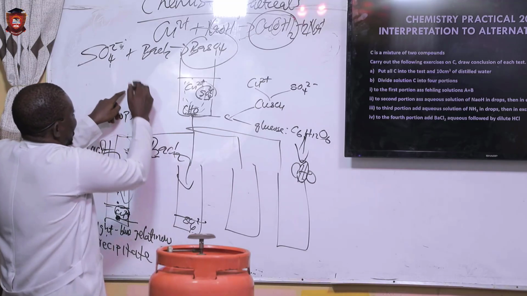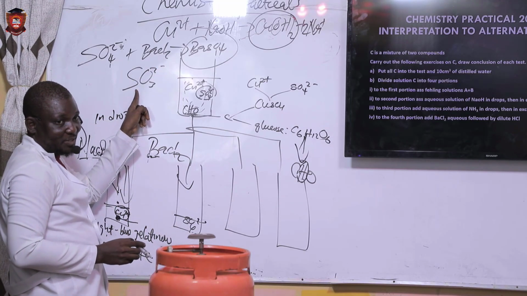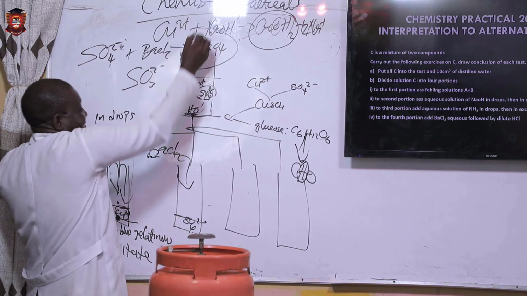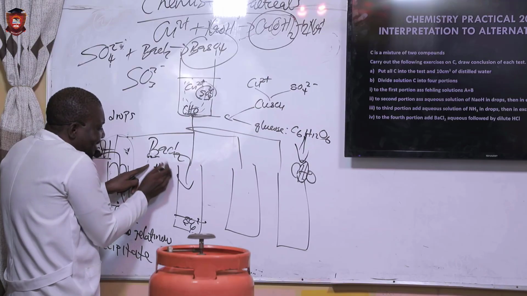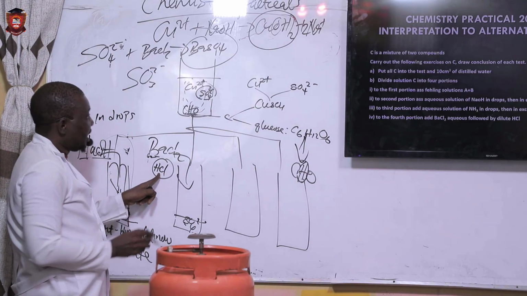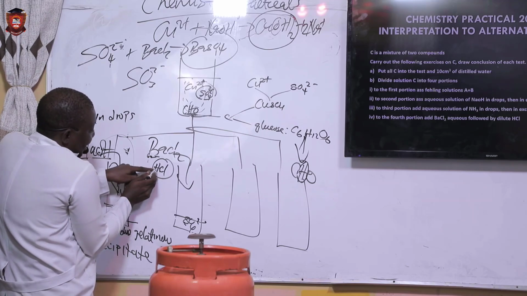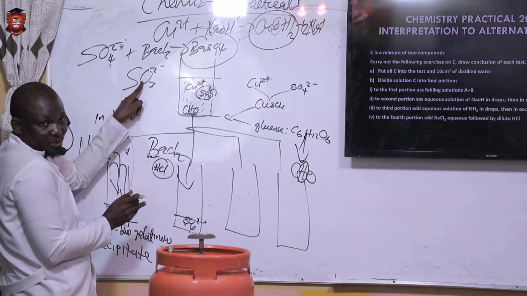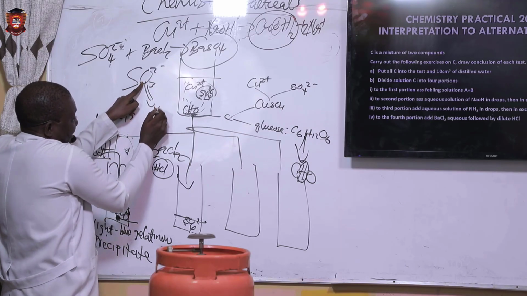Are you with me now? But sometimes SO3 also will give you a white precipitate, not only SO4. So to know that it is really SO4 that is here, you have to use something that can distinguish it. If it is SO3, if you add H, H is going to give a proton to SO3, and this H will now form water.